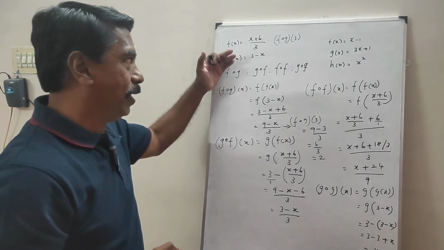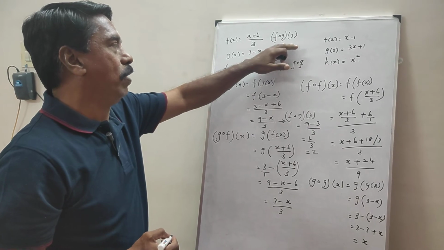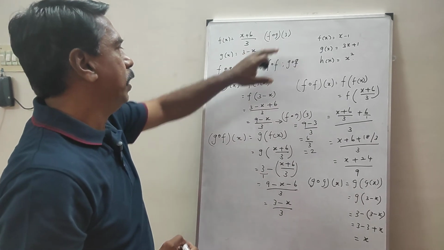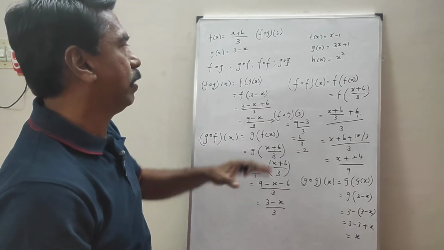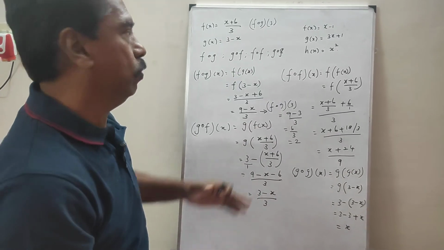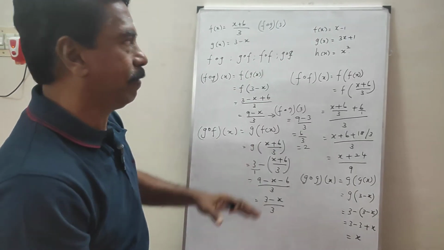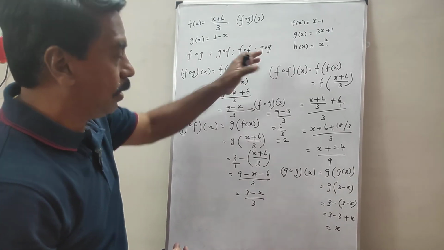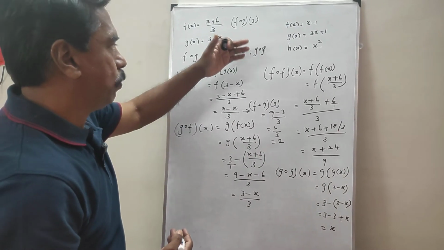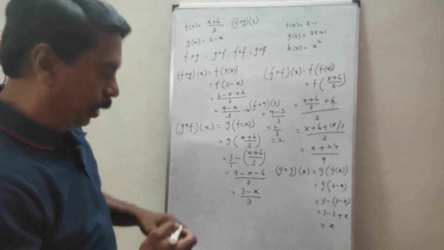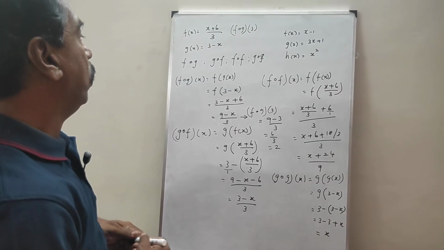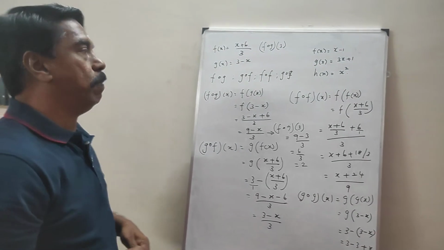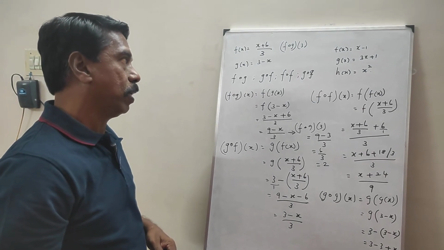So not only with x, they can even ask you to find g dot f of 6, f dot f of 5, g dot g of 6. So after finding this, in the next step you substitute the value and find. This way we can do the composition of functions.